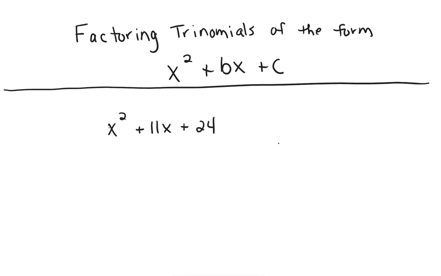Alright, I am going to explain how to factor trinomials that are in the form of x squared, and then you got a something x in the middle, and then you got a something on the end.